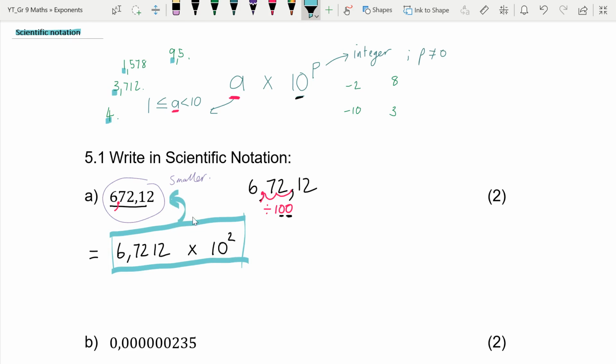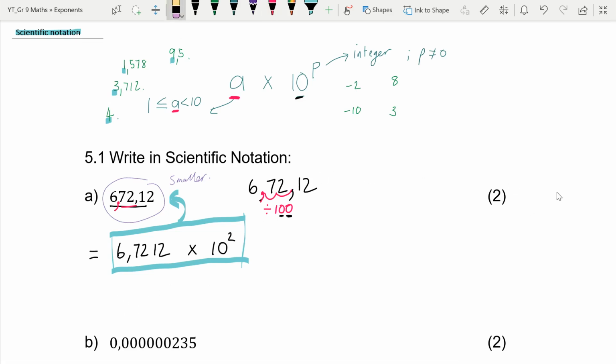It just looks different. Because if we multiply by 10 squared, which is 100, we're taking 6,7212 and multiplying it by 100, and we still get the same answer as in the beginning. You can check that on your calculator.